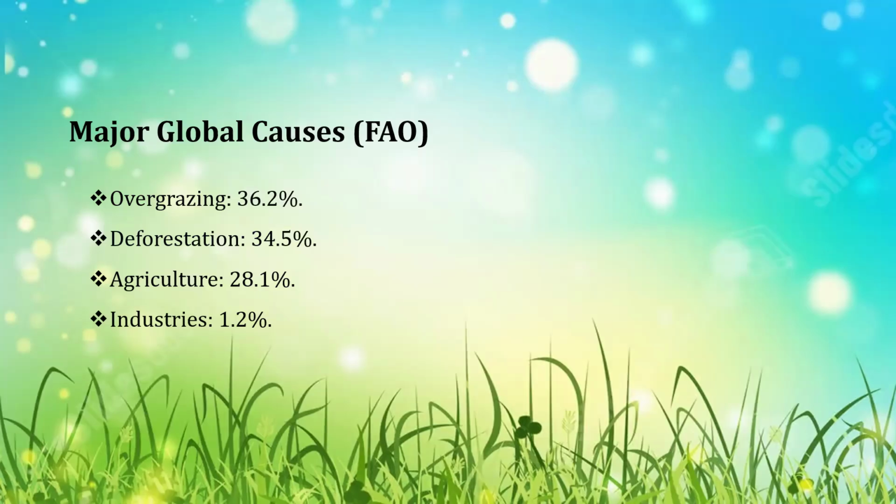The main impact is that industrial activities often introduce heavy metals and toxic chemicals into the soil, which can kill essential microorganisms and make the land unsafe for any biological use. That's all about these major global causes.